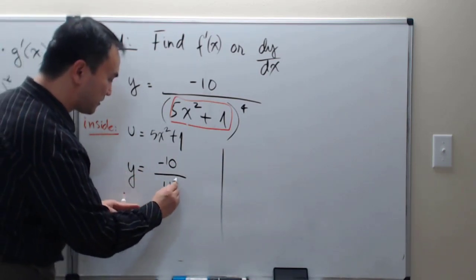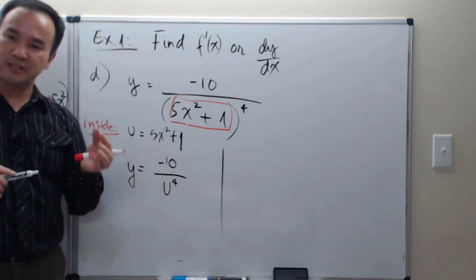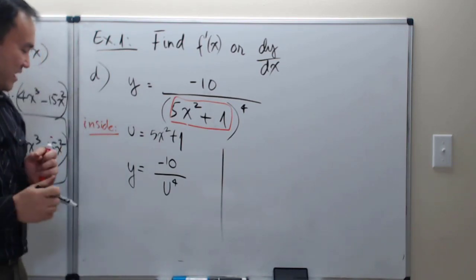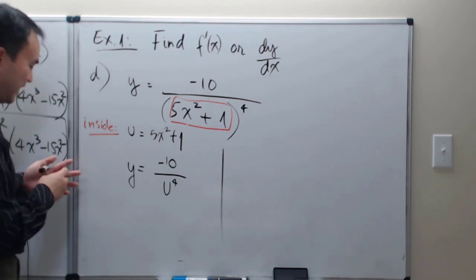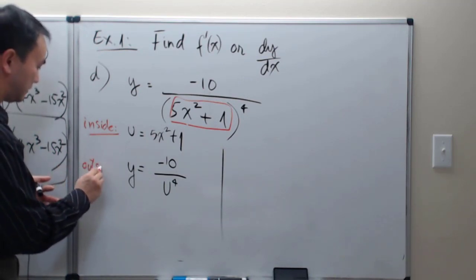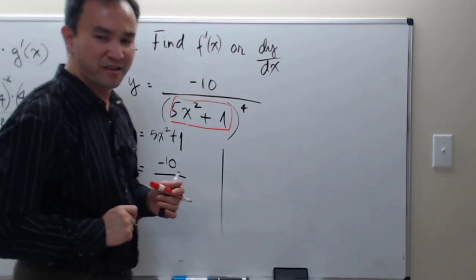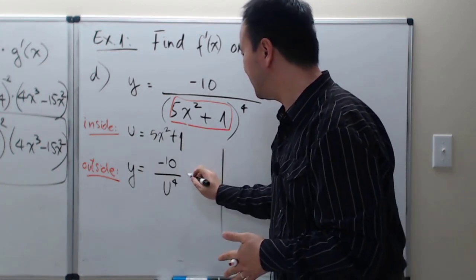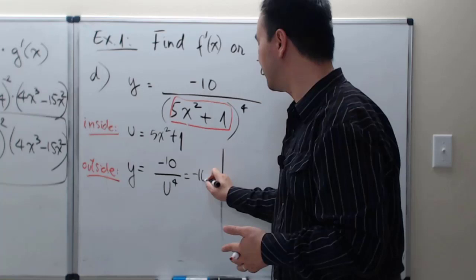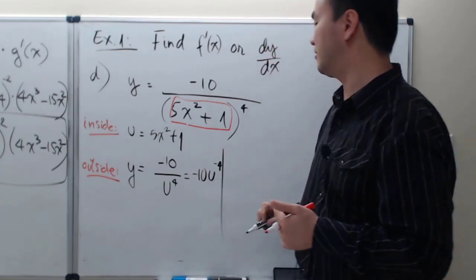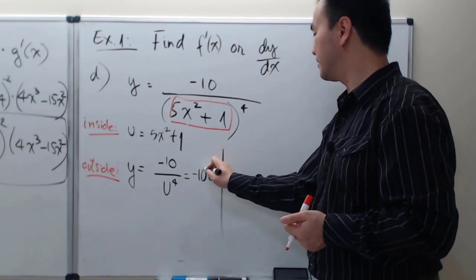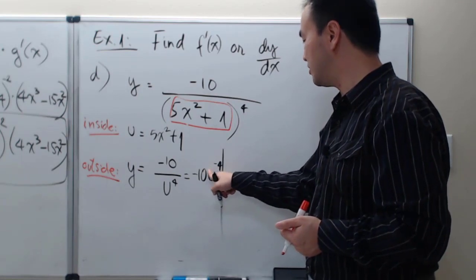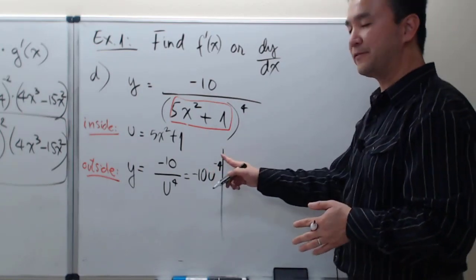The substitution gives some good advantage in terms of keeping things shorter and more condensed. And I can now regard this as the outside expression. Further, we can see that this can be understood as negative 10 times u to the negative 4th power. So negative 10, the coefficient on top right here, times the variable u raised to the negative 4 power.